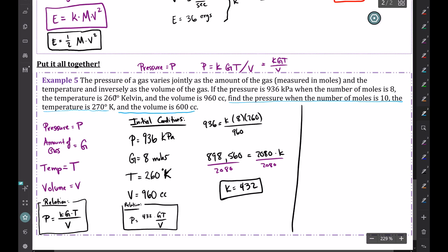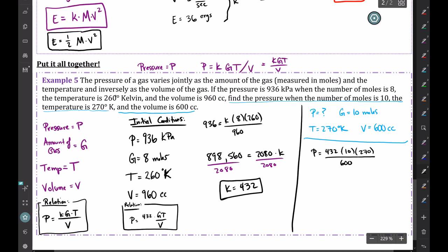So we want to find P, so we don't know P. We know that G is equal to 10 moles, T is 270 degrees Kelvin, and V was 600 cc's. Okay, so now I want P equals 432 times 10 times 270 all divided by 600.